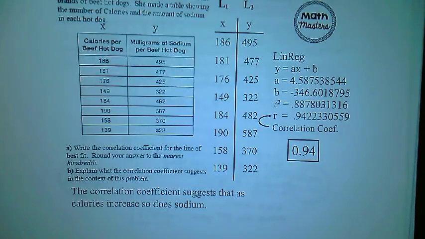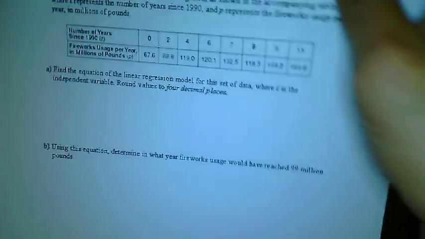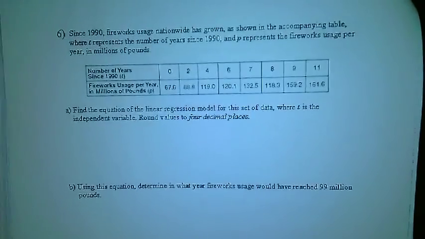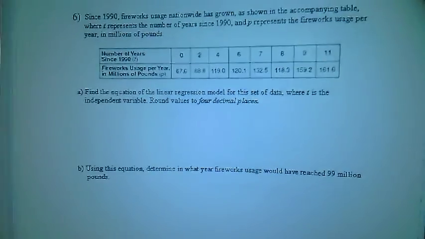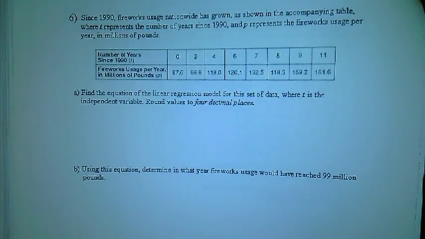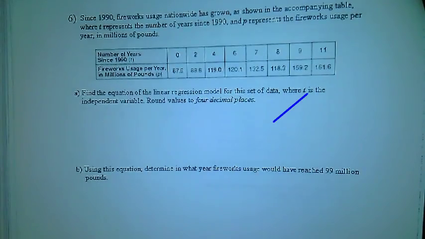Okay, so what I would like you guys to do now, and I picked this one because I think it's easy for you to see, but I will do this just in case it's easier for you to see on this paper instead of your own. You are going to do question number 6 on page 28. What I want you to notice is you are rounding to 4 decimal places.